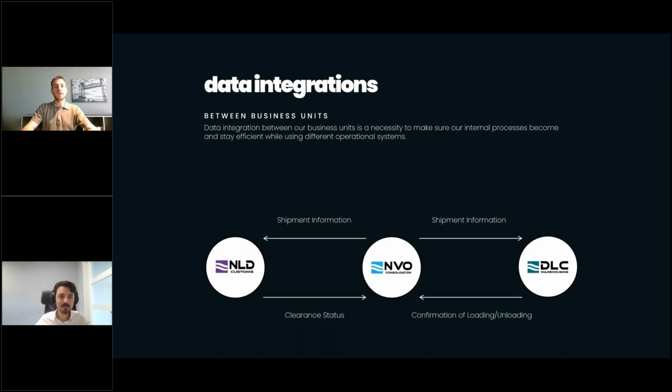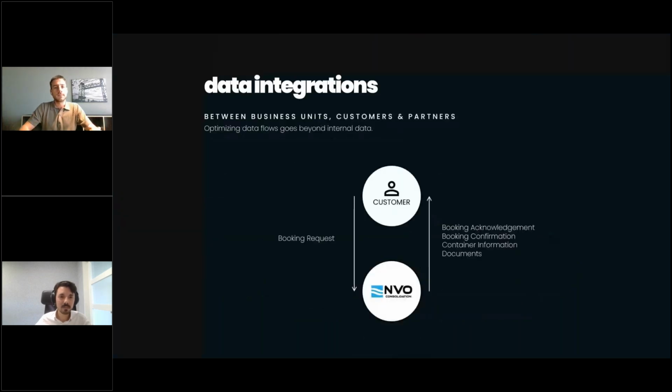Well, the same situation can be given between our business unit and our customers. If we take NVO consolidation as an example again, it's a business unit that handles ocean freight, that works with freight forwarders that also handle ocean freight for their customers.